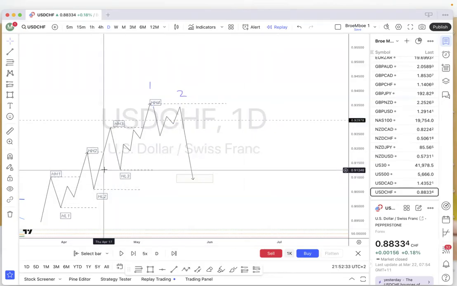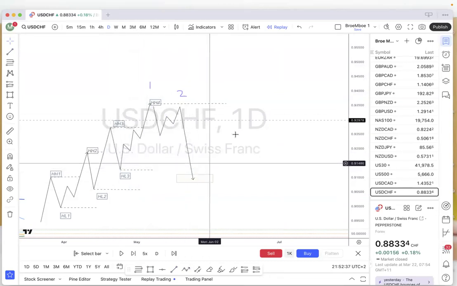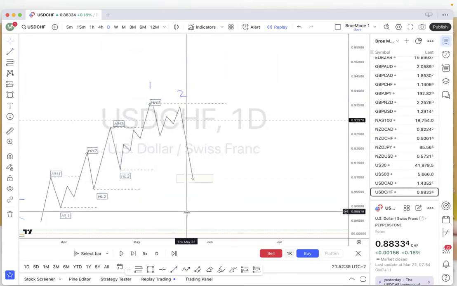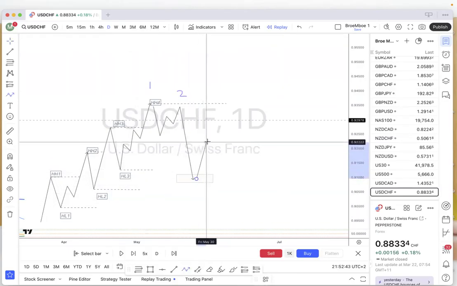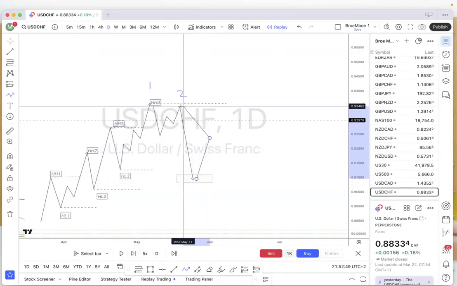If it breaks higher low 3, then we now know 100% we are in a downtrend. What we expect is to see the market trade in between that low and that high.